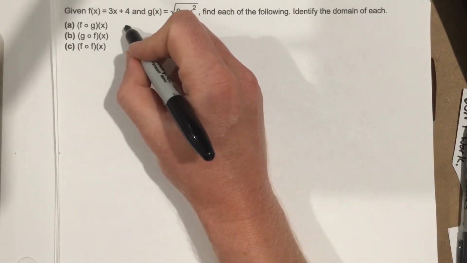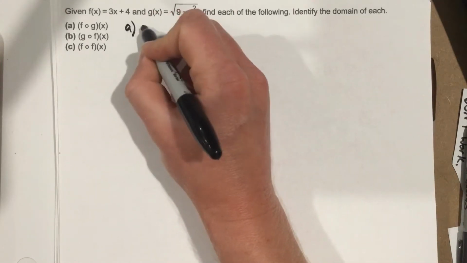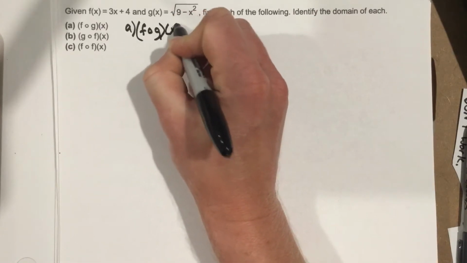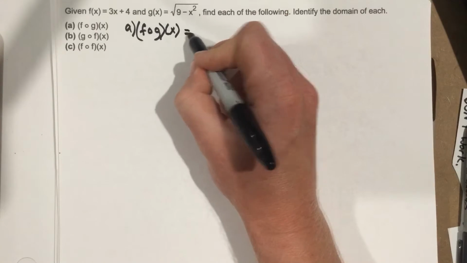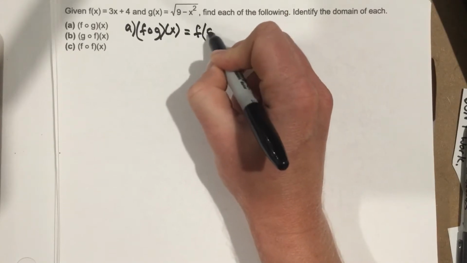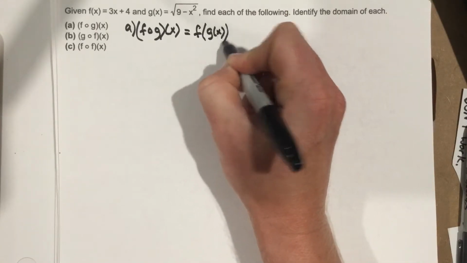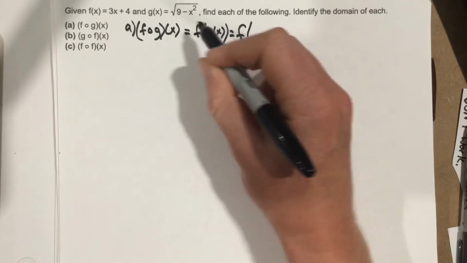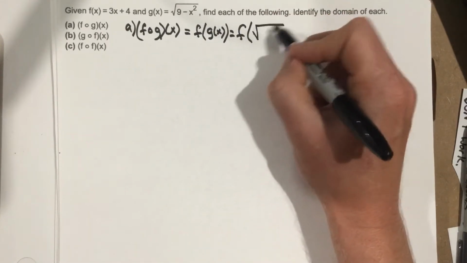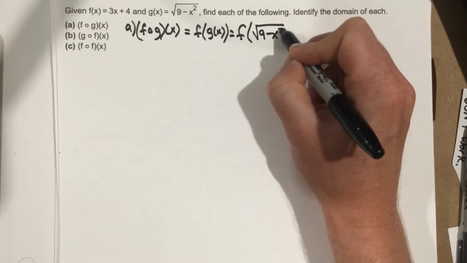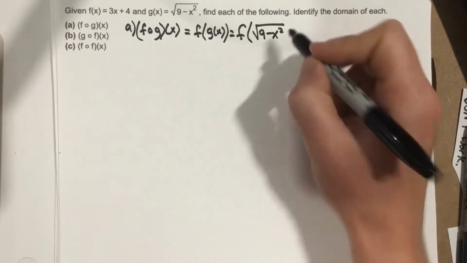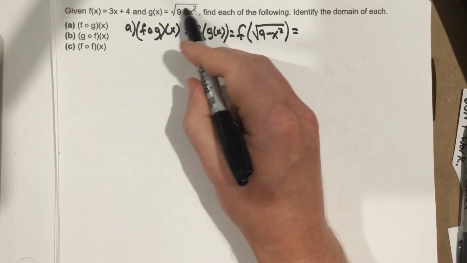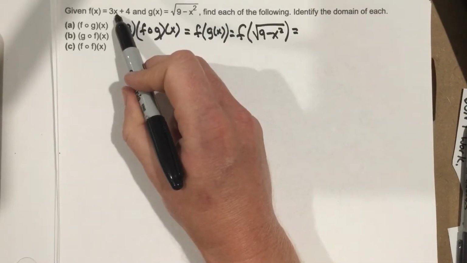So let's go ahead and start part A here. f of g of x is going to equal f with an input of g of x, which is f with the input root 9 minus x squared, which is going to equal, we're going to take 9 minus x squared and plug in for x here.